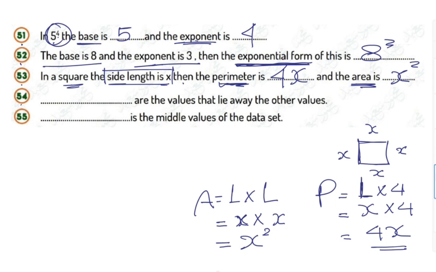Next point, blank are the values that lie away from the other values. Note with me. Can you remember this? You have some values here and just one value away from these values. What is the name of this point, of this dot? It is an outlier.